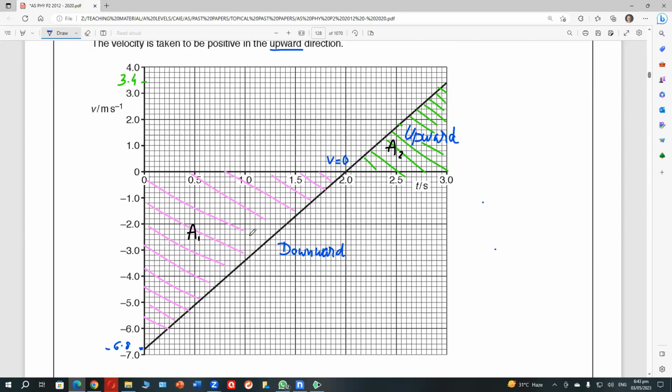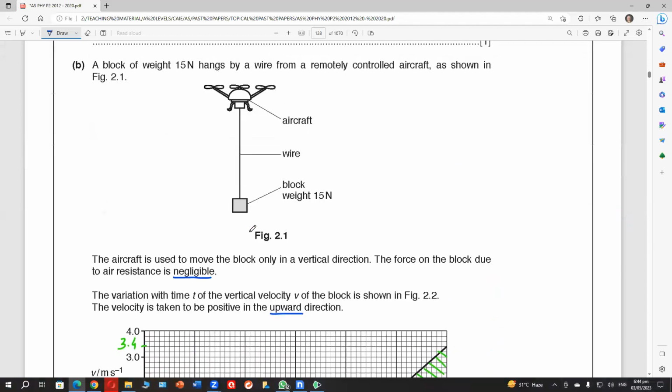It means this object was going downward and reaches the lowest point. So I have modeled it like this, and it makes clear that after 2 seconds it would be going upward.